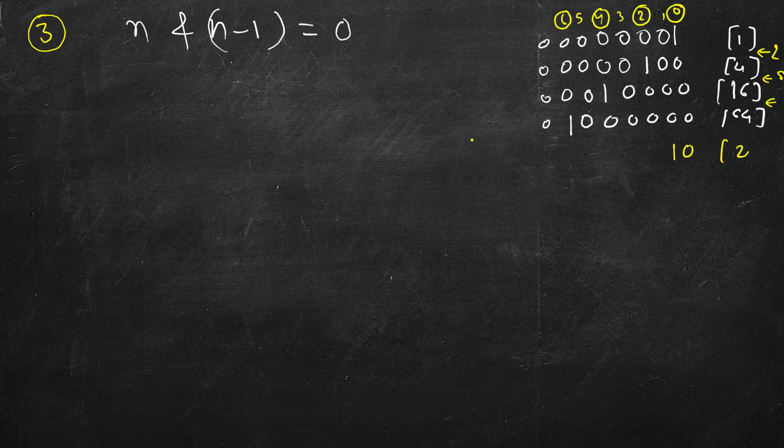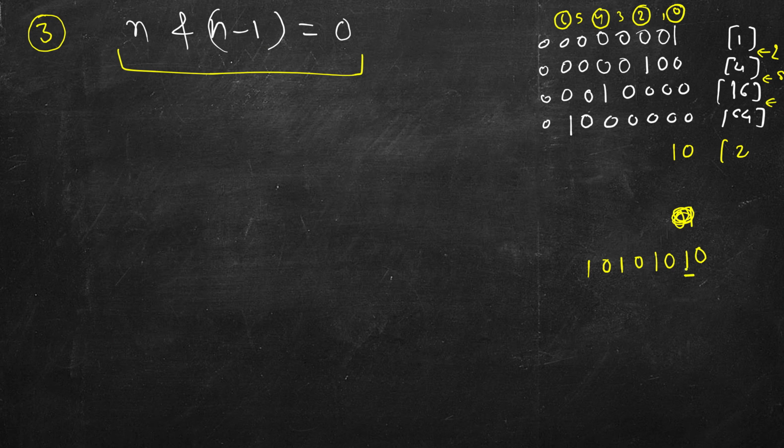So how can we check that? So first there should be only one bit set. Next we have to check that 0, 1, 0, 1, 0, 1, 0, 1 up to 32 bits. If you take AND with this, it would be 0. Why?